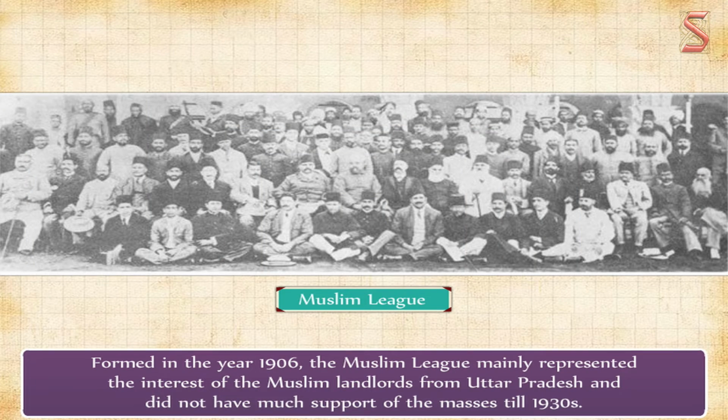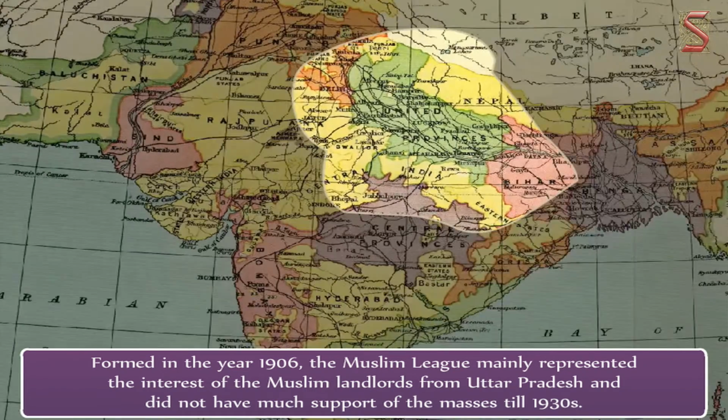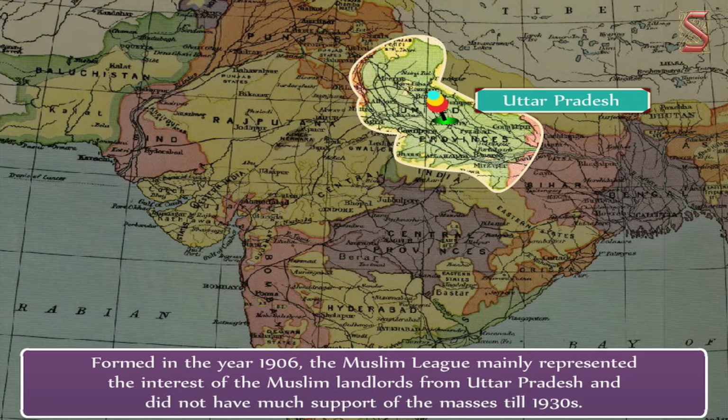Students, now let us learn about one very important party in India before independence, the Muslim League. Formed in the year 1906, the Muslim League mainly represented the interests of the Muslim landlords from Uttar Pradesh and did not have much support of the masses till the 1930s.